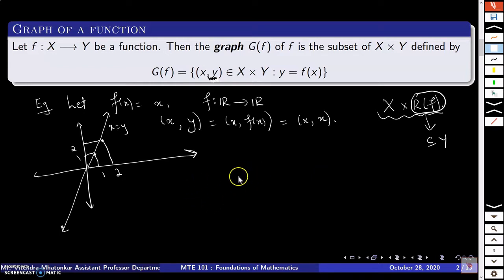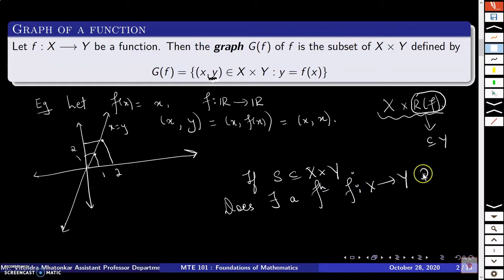So if I give you a subset S of x cross y, the question that comes up next is the opposite of this, what we saw here. Does there exist a function f from x to y such that graph of the function is S? This is the question.